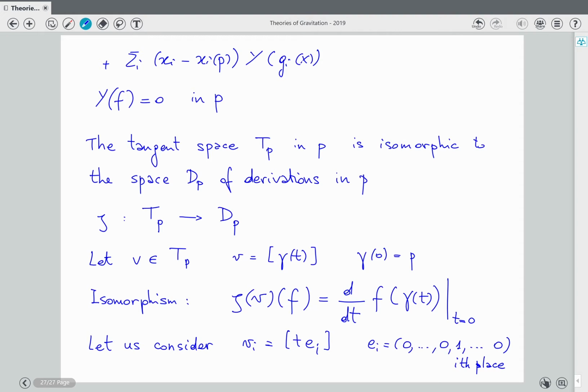So ei are a basis of versors, each one pointing along the ith direction, and by vi we mean the equivalence class of curves which has this very simple representative which amounts to moving along the x direction, then the y direction, then the z direction, and so on and so forth. Let's apply this definition to this particular representative here.